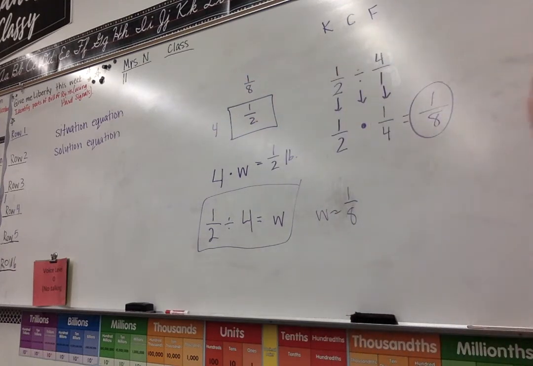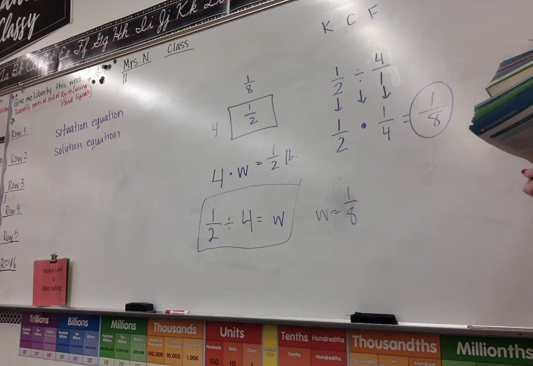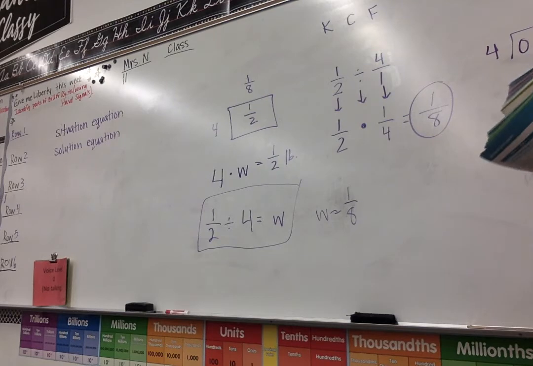Yes, Andrew. So in this problem, 1/2 also equals 0.5, right? But if you did 0.5 divided by 4 wholes, let's try that. I'm going to put my 0 point right here. 4 will go into 5 one time, which is 4. 5 minus 4 is 1.